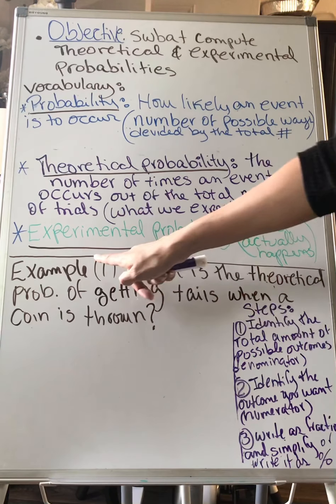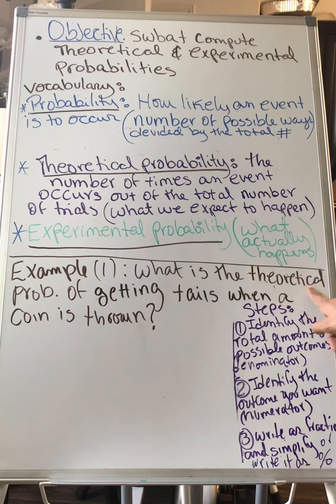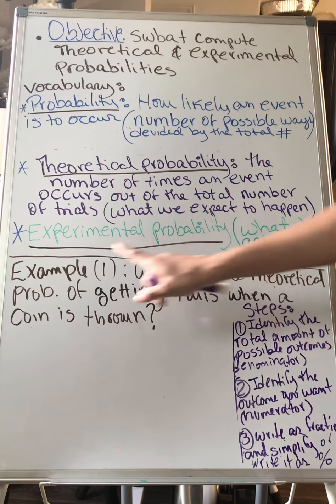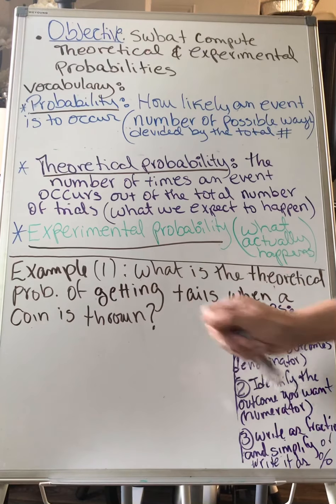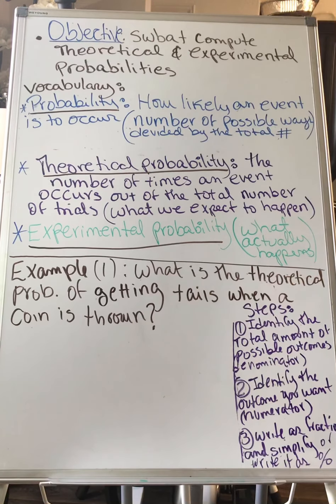Example 1: what is the theoretical probability of getting tails when a coin is thrown? We're also going to find the experimental. If I throw a coin up, the first thing I'm going to do is think about what my possible outcomes are. The first step is to identify the total amount of possible outcomes, which is always your denominator.